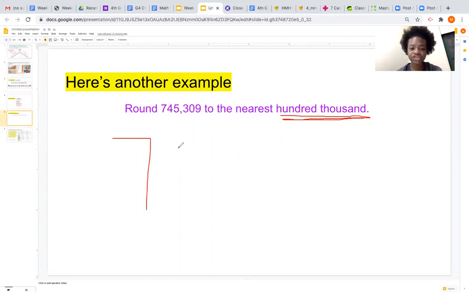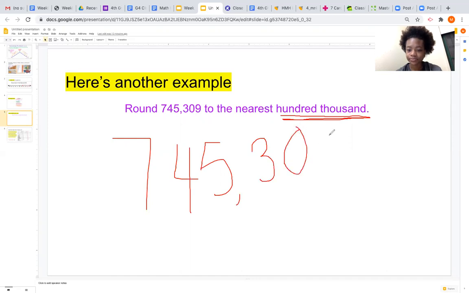So 745,309. Here's my number. We're going to identify the place value that we're working with. Here it is the 100,000s place: ones, tens, hundreds, thousands, 10,000s, 100,000s. 7 is the digit in the 100,000s place.